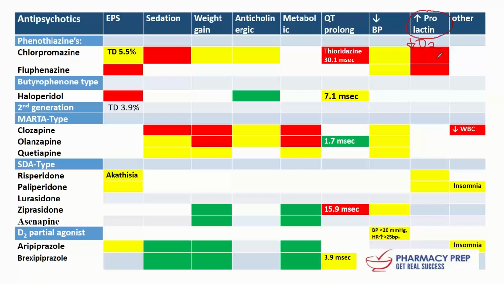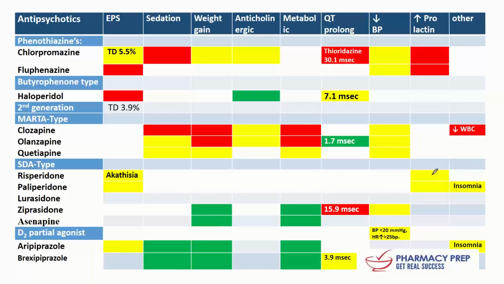Chlorpromazine, a low potency drug, also has a pretty high prolactin effect. Fluphenazine is considered to have higher prolactin effect. The first generation drugs are obviously stronger binding drugs to D2, so they do have higher hyperprolactinemia. It doesn't mean that the second generation doesn't have it.